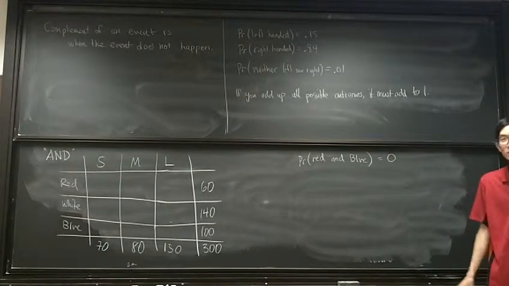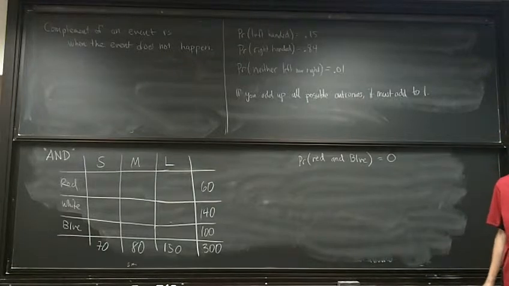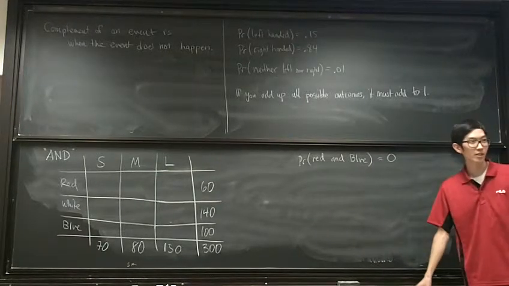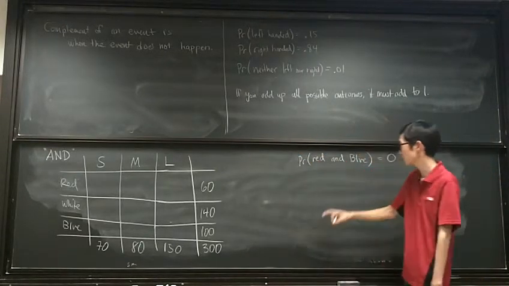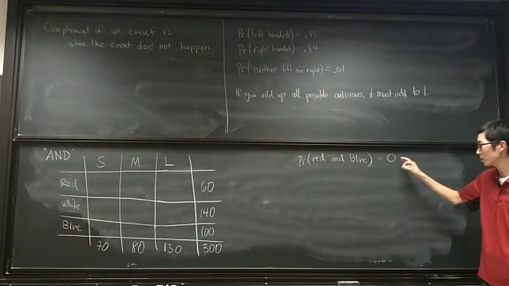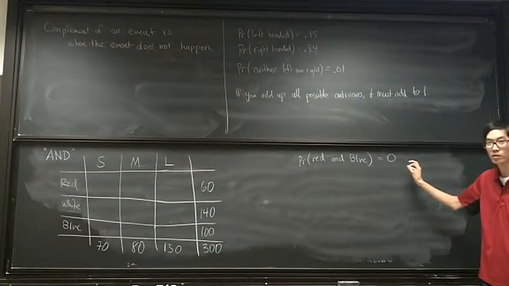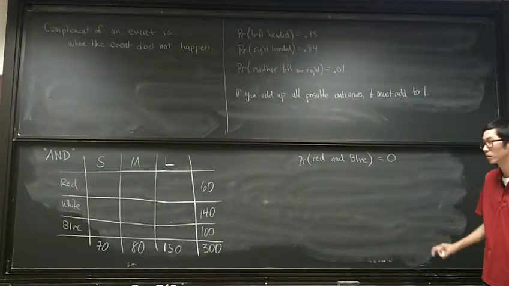Can a shirt be red and blue? No. You're either going to get a red shirt, a white shirt, or a blue shirt. So the probability that a shirt is red and blue is 0.